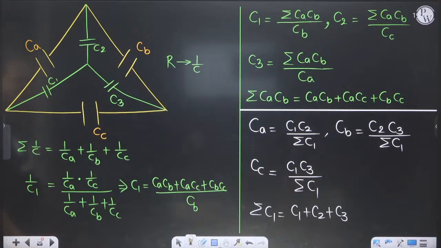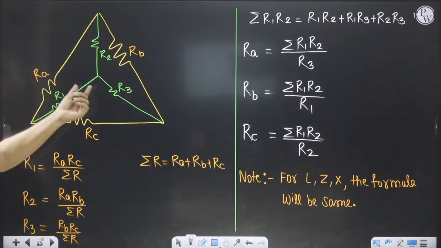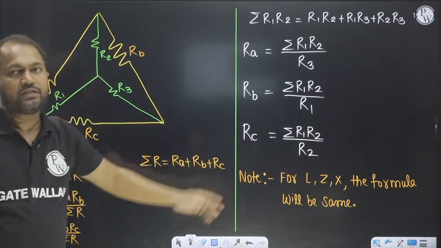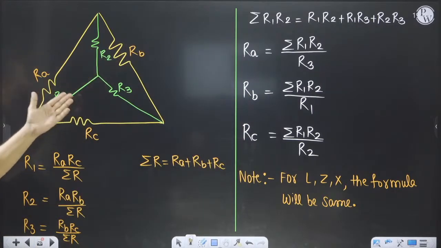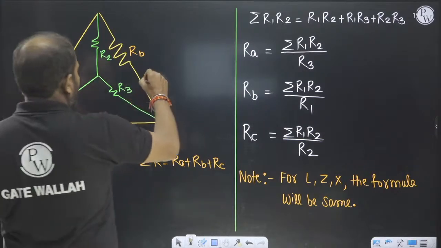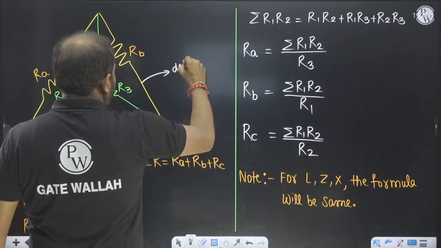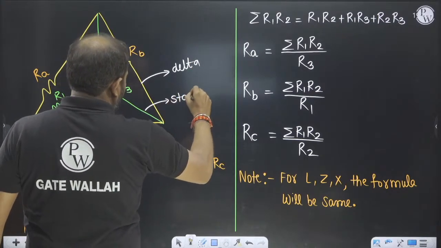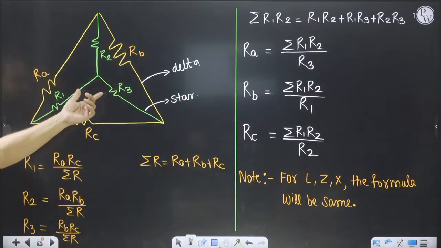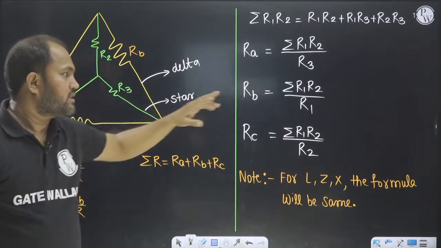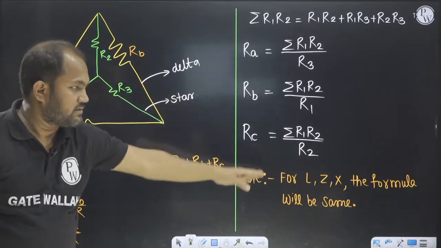So the first formula is delta to star transformation, and the second formula is star to delta transformation. This is known as delta and this is known as star. So the first one is delta to star, and the second formula is star to delta.